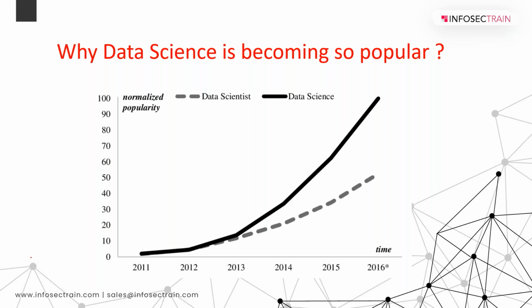Everyone wants to learn it, right? It looks very great, very attractive. We are just playing with the data, finding out what will happen tomorrow and what will not. That is why data science is becoming so popular.